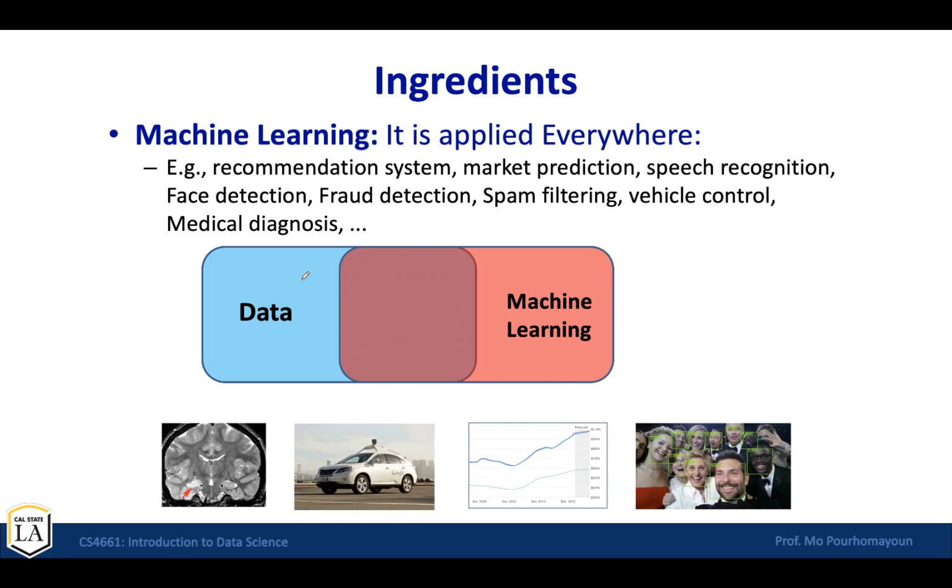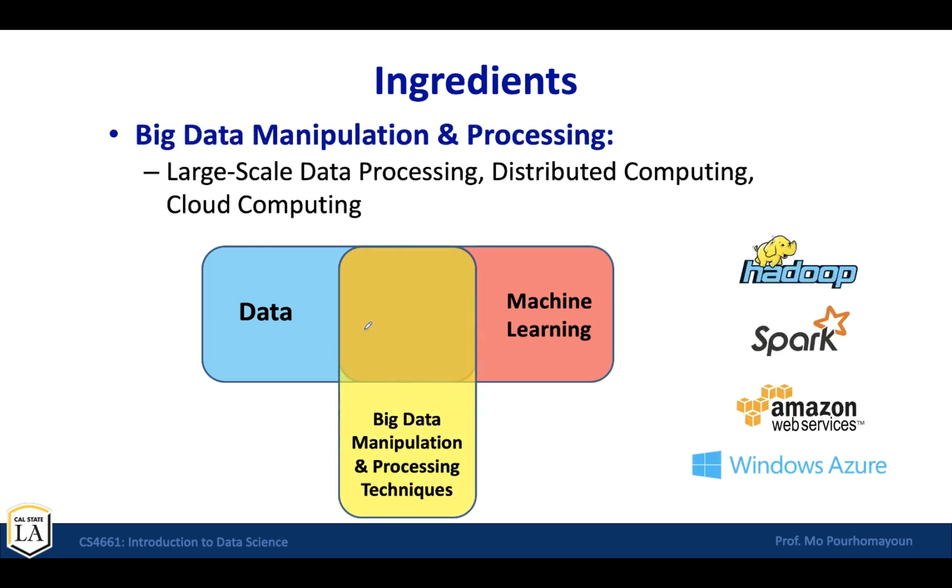Machine learning algorithms, that is going to be our next topic. We use them every day. All of these applications that I talked about, like recommendation systems, market prediction, speech recognition, face detection, fraud detection, spam filtering, vehicles, and medical diagnosis, all use machine learning algorithms. And big data manipulation and processing.